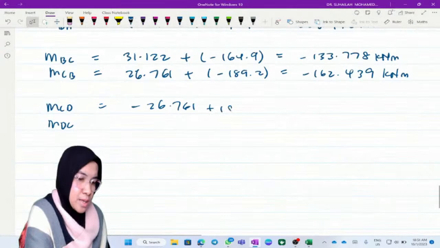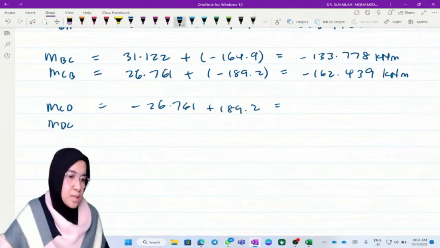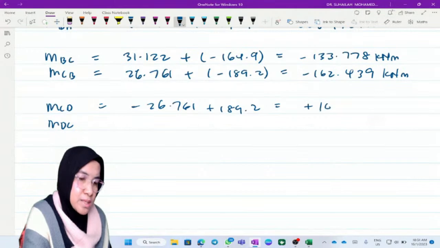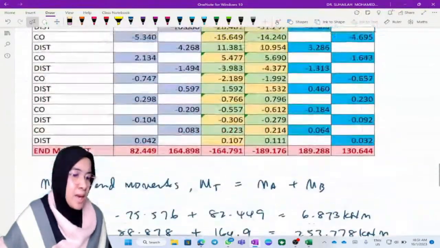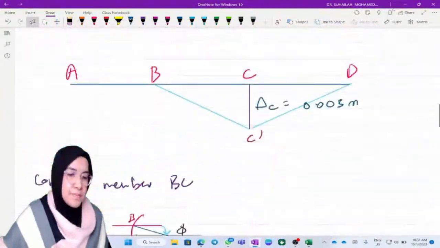So we will get the same, positive 162.439 kilonewton meter.